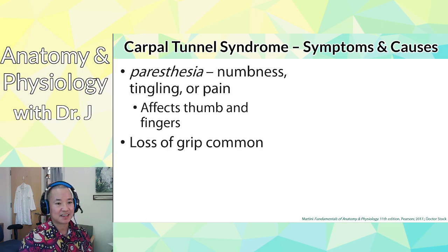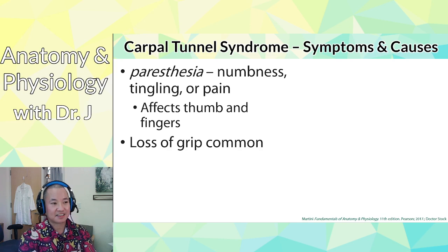But remember that pretty much most of your nerves, except for C1, carry a mix of both sensory and motor signals. So there are signals going from your body to your central nervous system, but also commands from your central nervous system to things like skeletal muscles. Those are motor signals. If you have problems with your motor signals along your brachial plexus and this median nerve, in terms of your hands, it's going to be digits 1, 2, 3 and a half.